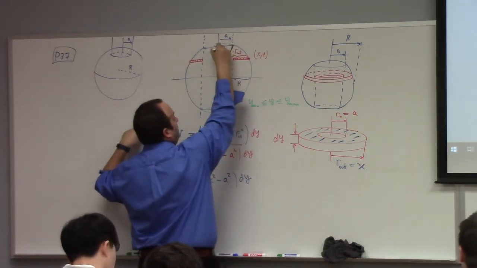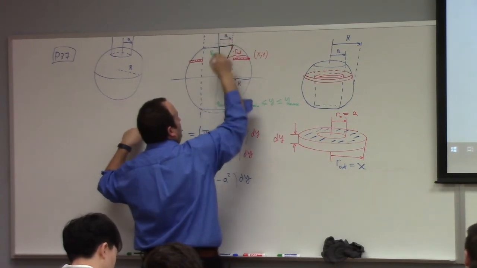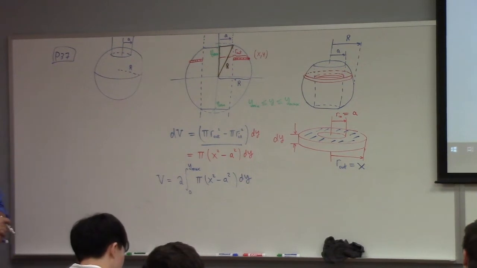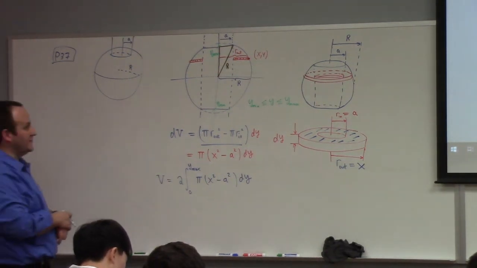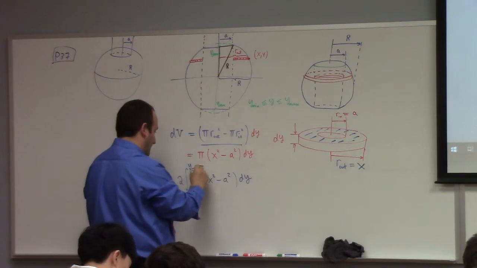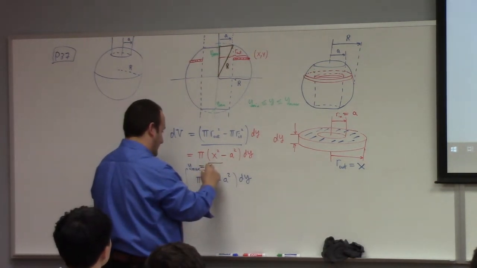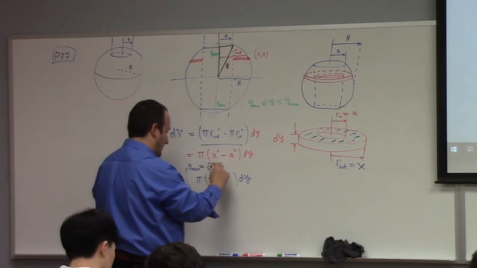The other leg to the triangle has length a. I heard something. Square root of what? R squared minus a squared. We have a winner. Yes.